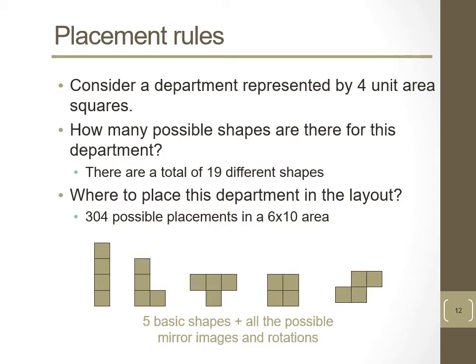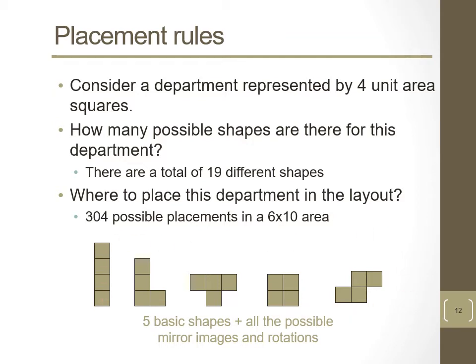Let's assume that the department is represented by 4 unit area squares. The question is, how many possible shapes are there for a department represented by 4 unit area squares? In fact, there are 19 different shapes. These shapes are illustrated here.